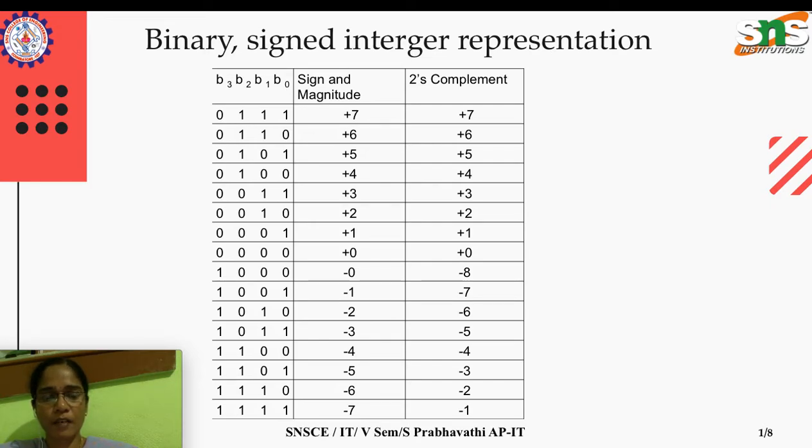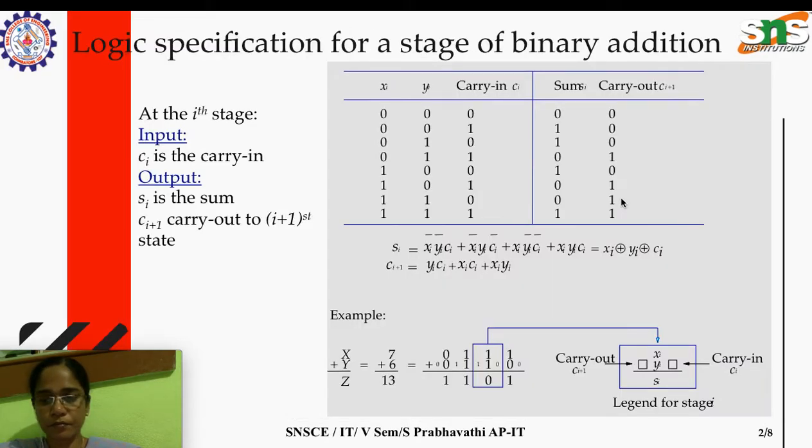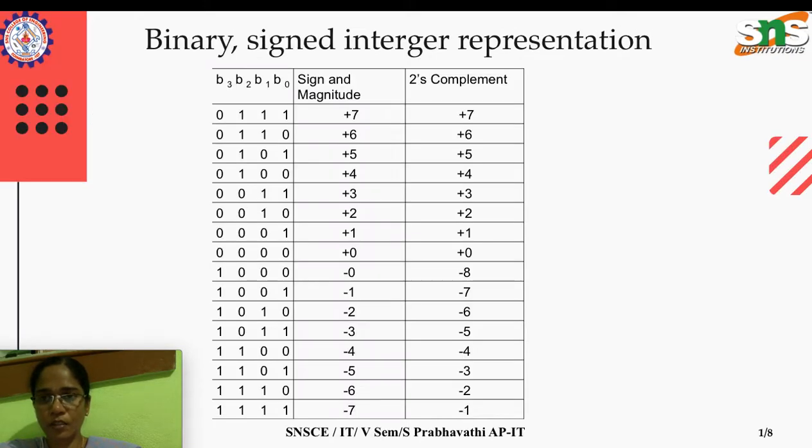Let me take a simple example of how to convert a number. If I give the number -7, how do we represent -7 in 2's complement? First we need to know about 1's complement. So how is -7 obtained as 1 0 0 1?